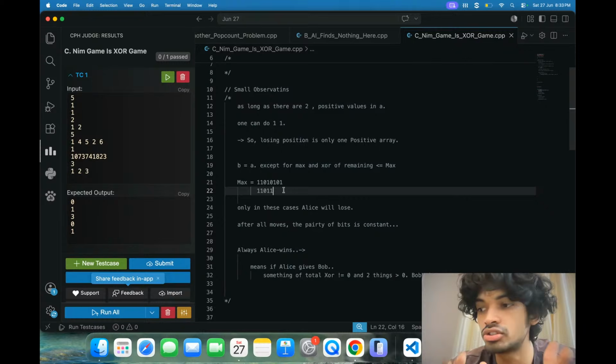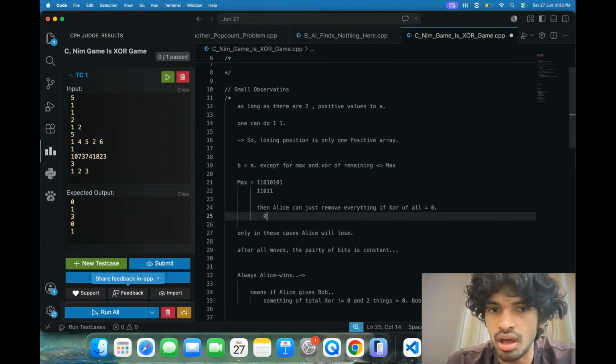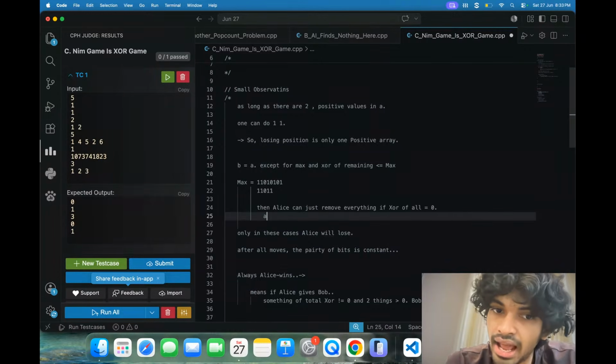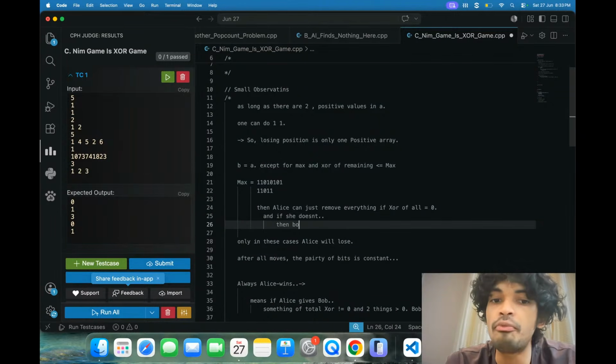But if XOR of everything is 0, then what? Oh, then Alice can just remove everything. And if she doesn't, then Bob can.